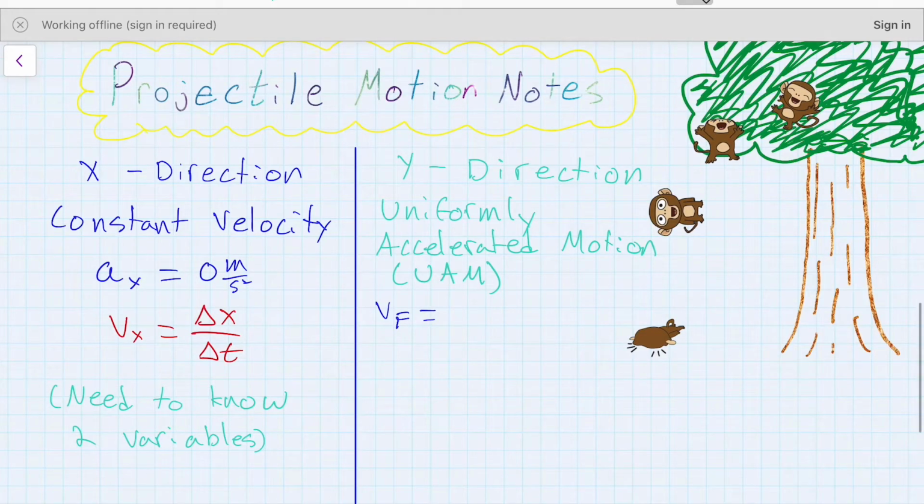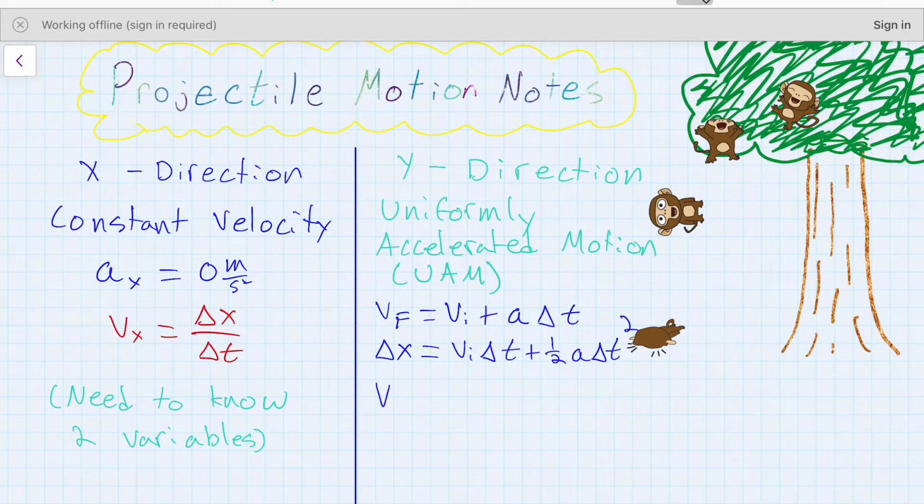So the final velocity is equal to the initial velocity plus the acceleration times the change in time. The displacement equation: displacement is equal to the initial velocity times time plus 1/2 times acceleration times the change in time squared.